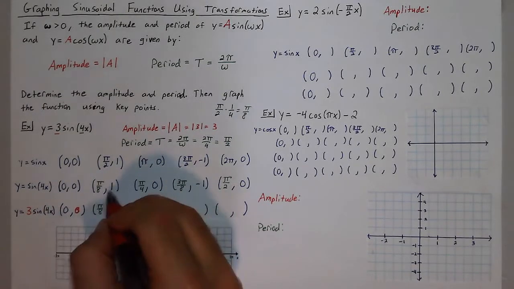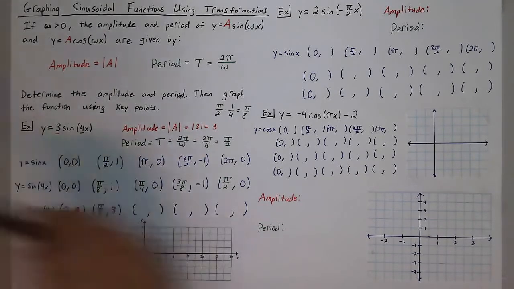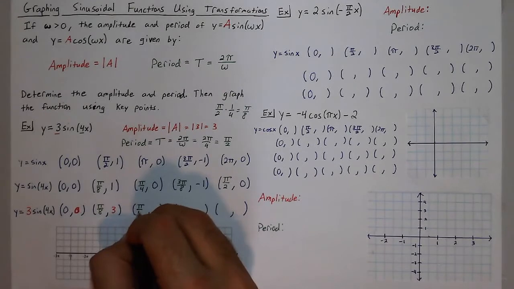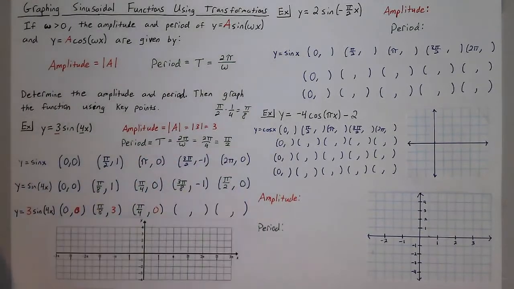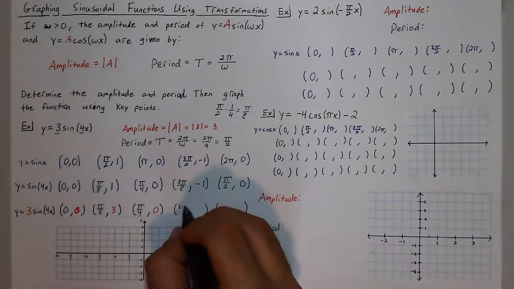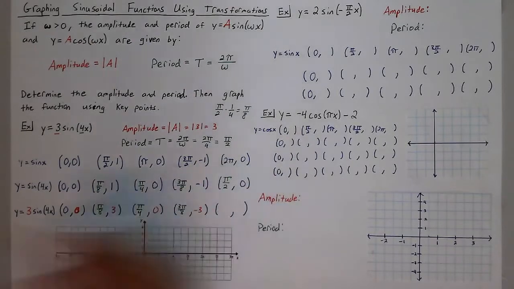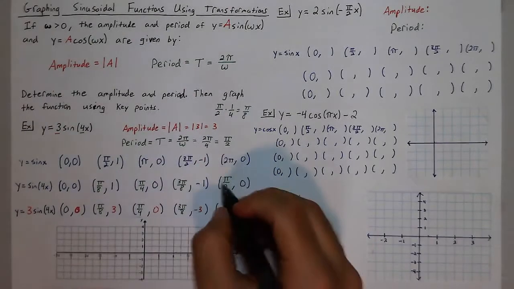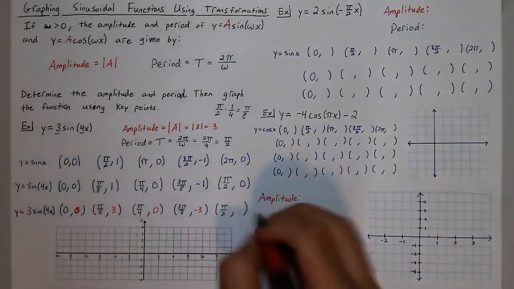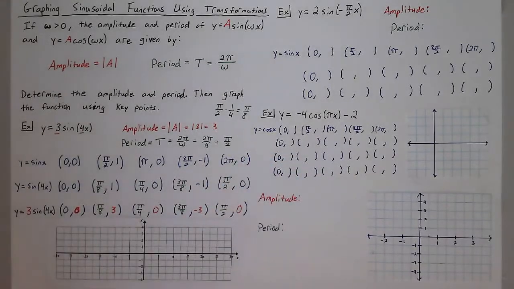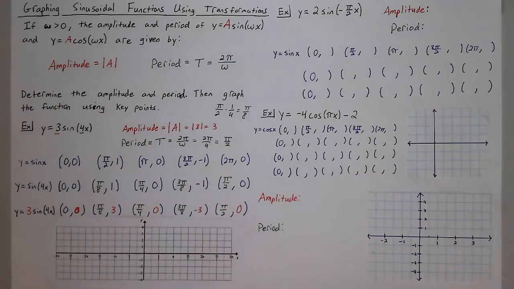I'm not changing the x values, I'm just changing the y values. But now 1 times 3 is 3. 0 times 3 is 0. And negative 1 times 3 is negative 3. Pi over 2 stays the same. And then 0 times 3 is 0. So now I have 5 points to graph with, and I can repeat this pattern as many times as I need to on the graph.